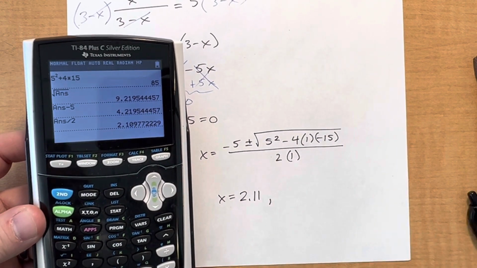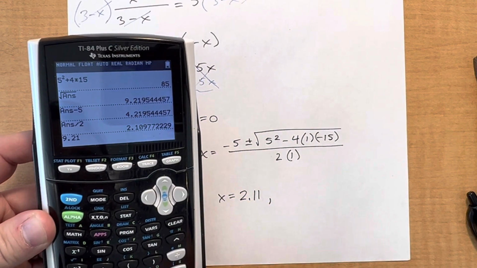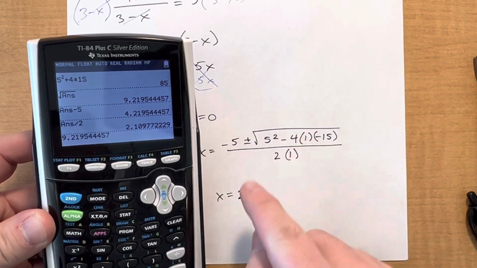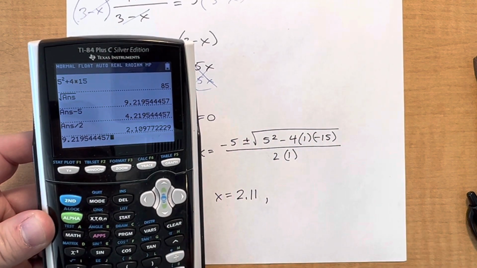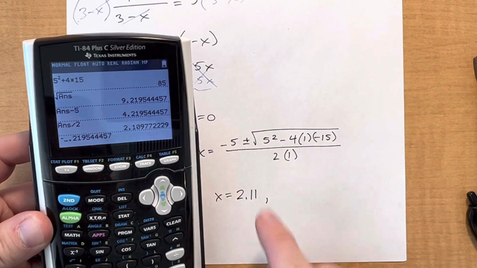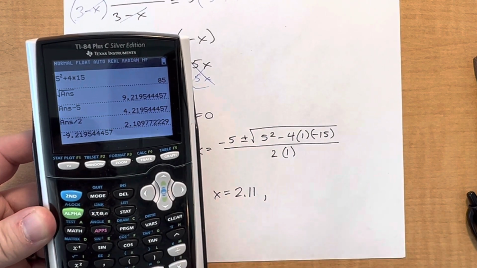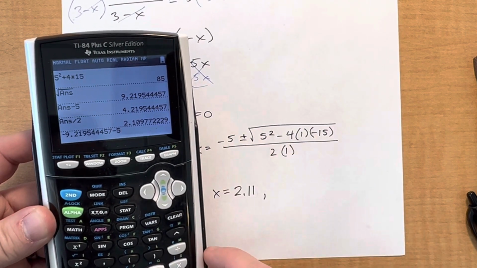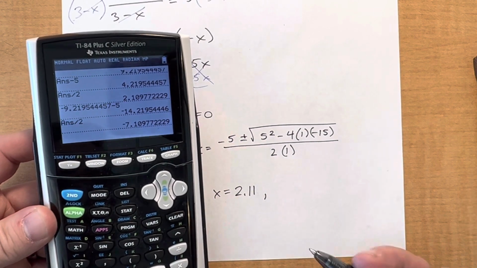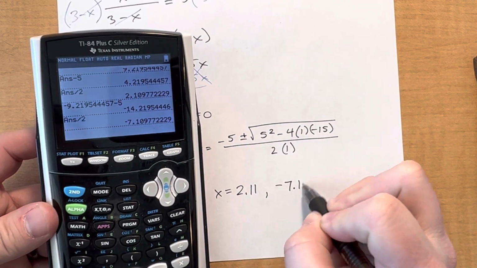The other answer is to take that 9.2195444457, whatever the answer was of the square root stuff. And I guess I probably should have made that negative, sorry. We basically put the minus in there, so that's negative, and then we subtract 5 from that, and then we divide that by 2. So you always get a positive answer and a negative answer. And this one comes out to negative 7.11.